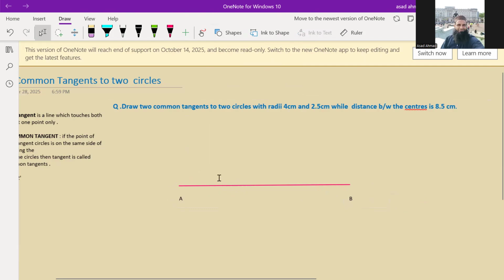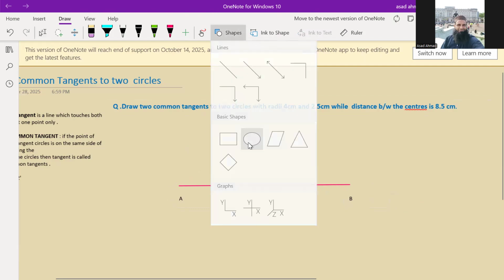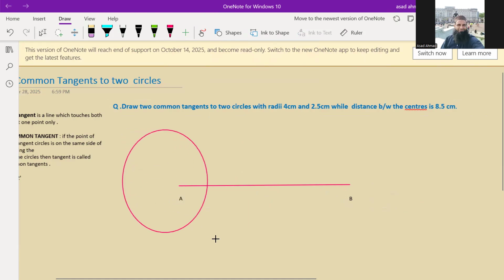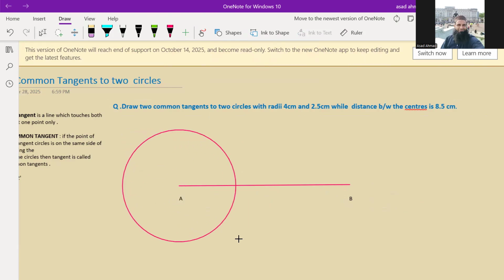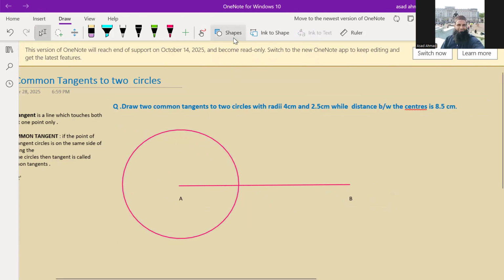At point A, we have to draw a circle like this one. This is the second circle, of radius 2.5 centimeters.